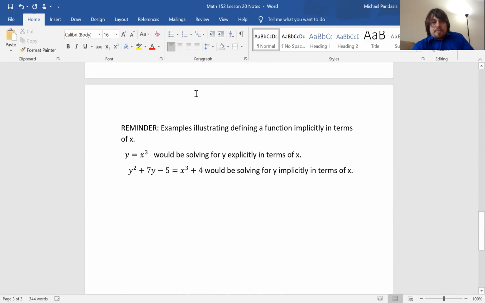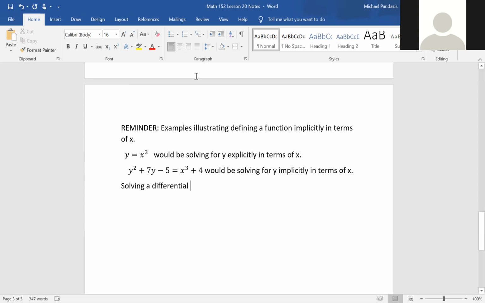It's not that they have different equations. This means that y is a solution of this equation. Okay, so solving a differential equation.